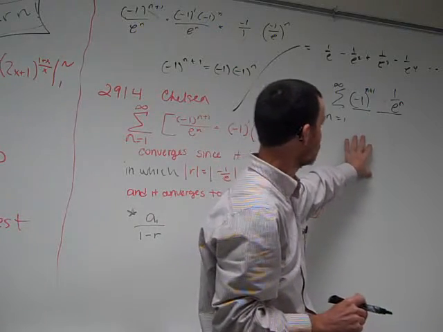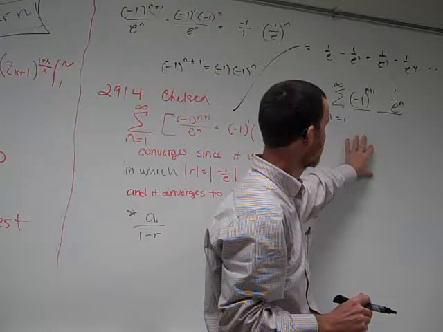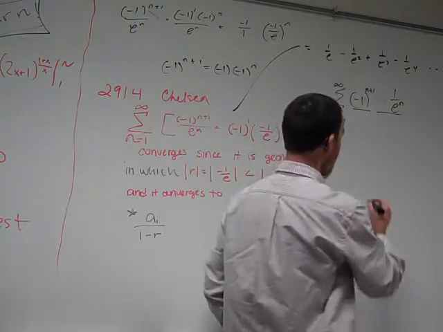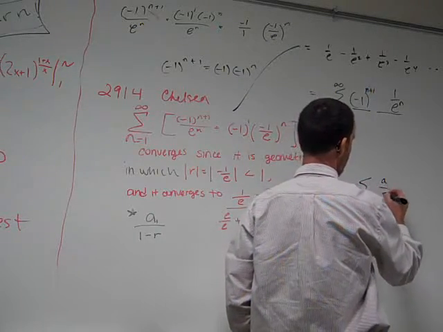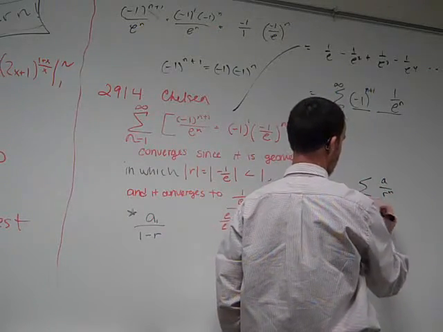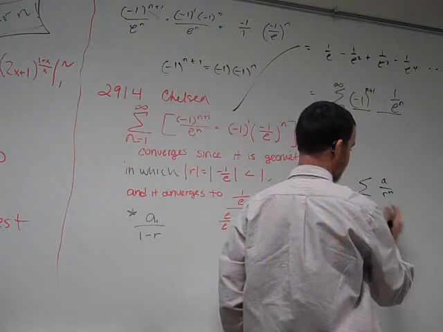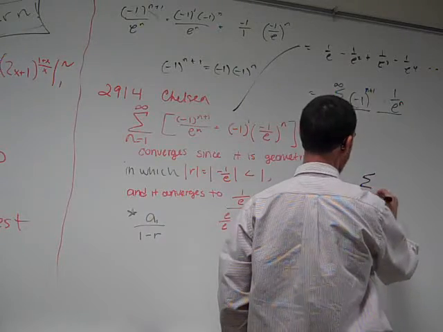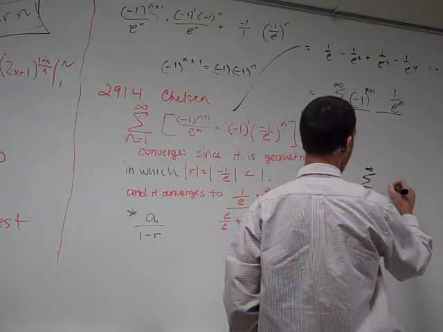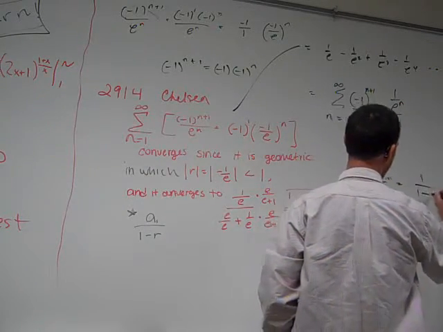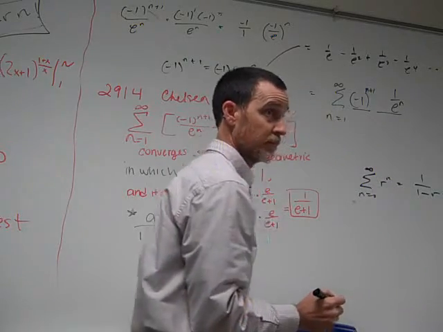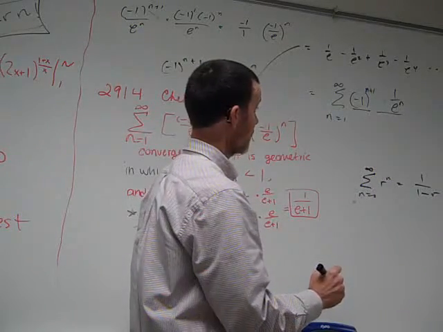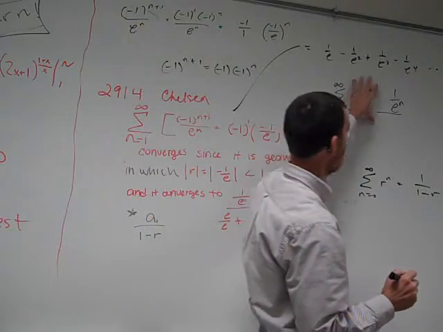Now, we've got this formula that says the sum from n equals 0 to infinity of r to the n is 1 over 1 minus r.